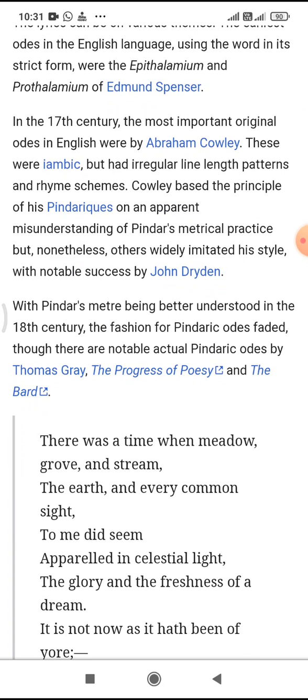With Pindar's meter being better understood in the 18th century, the fashion for Pindaric odes faded. There are notable actual Pindaric odes by Thomas Gray: The Progress of Poesy and The Bard.